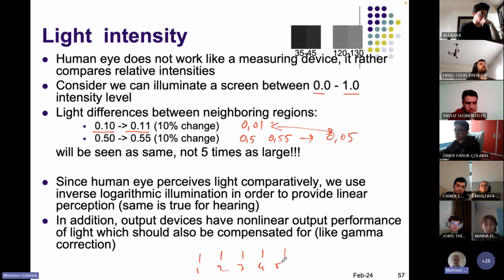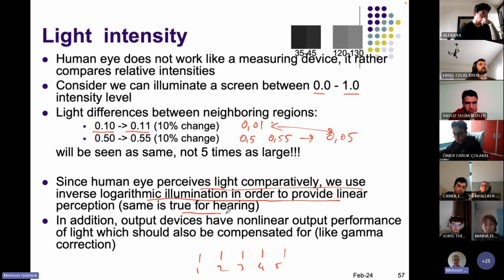Because otherwise, some in-between values are not going to have significant effect. They don't get perceived similarly. So since our eye perceives light comparatively, we use inverse logarithmic illumination in order to provide the linear reception.